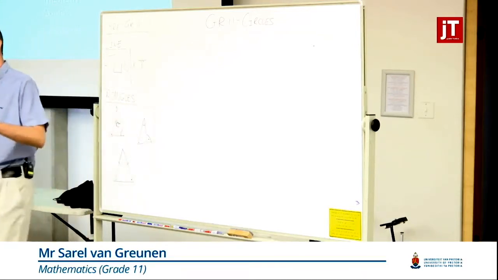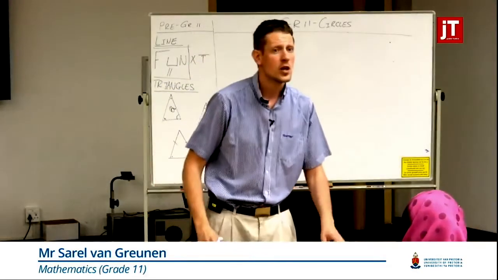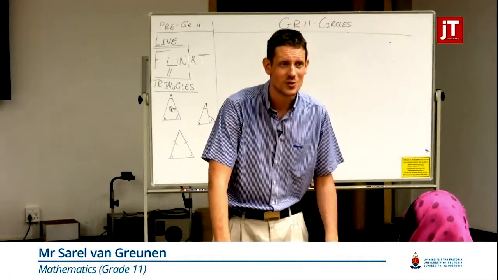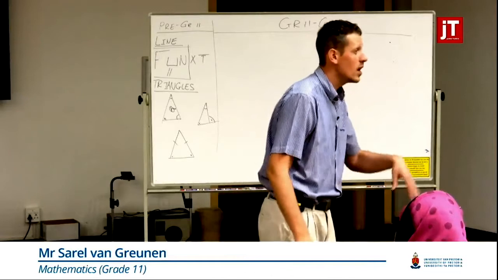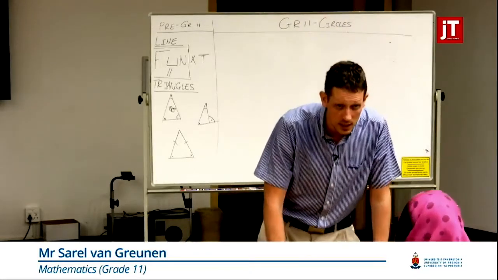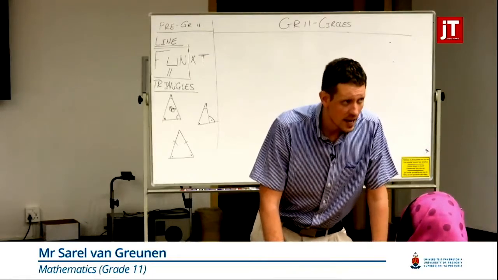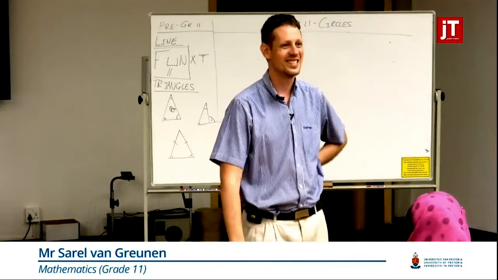Now, here's something that also you guys forget about. Go revise quadrilateral theorems. Revise all the properties, the definitions, because especially in analytical geometry, they love to say, oh, this thing is a kite.